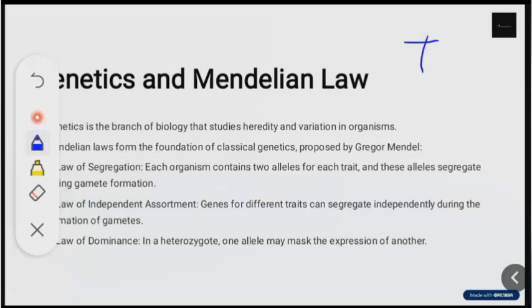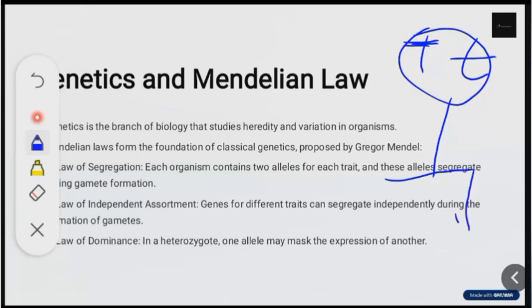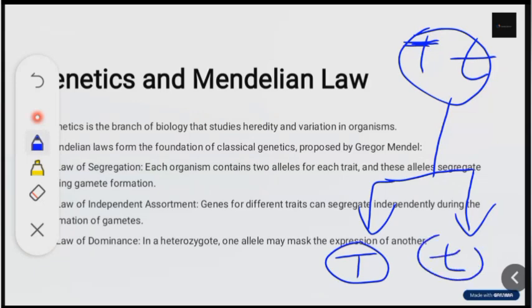Let's say it receives capital T from the dad, small t from the mom, and we now have a boy. When this boy reaches maturation, he will start producing sperm cells too. For him to produce sperm cells, each of these individual alleles will split and go separately. So this is what the first law is telling us.